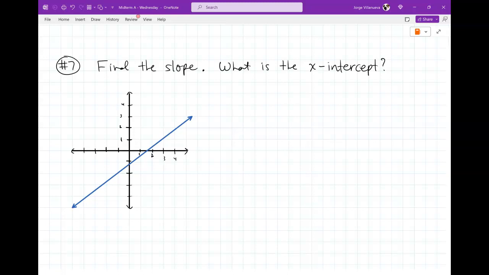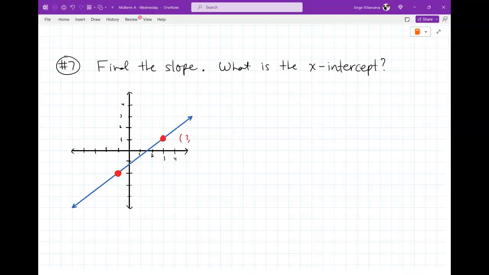In order to do rise over run, what do I need for reference? I need points, right? So you just got to pick 2 points. Let me help you out here. I'm going to pick this point right here. That point is negative 1, negative 2. And then I'm going to pick this point right here, which is 3, 1.